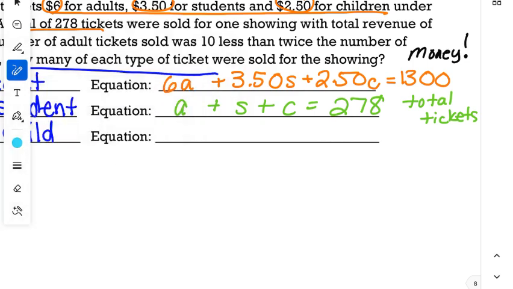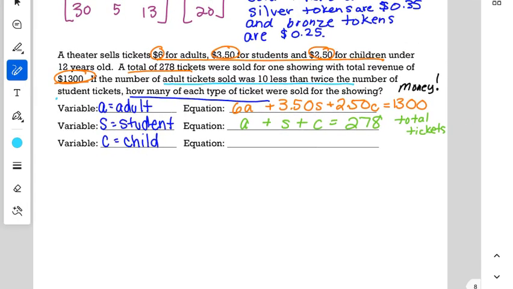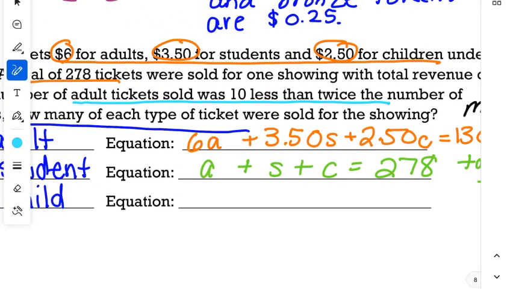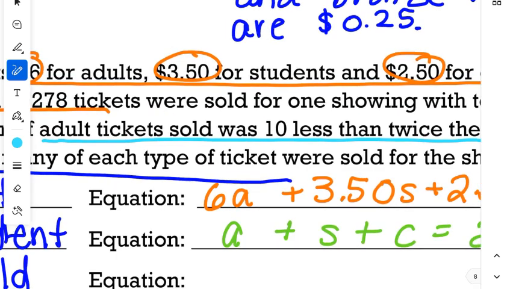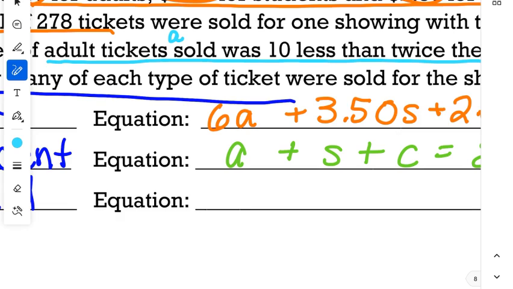And then our last equation comes from that sentence about the adult tickets sold being 10 less than twice the number of students. Okay, so whenever you have to translate words into a math equation, we're going to use the variables and numbers and operations right above it. So adult ticket, so A goes above adult tickets sold. The word was translates to equal.